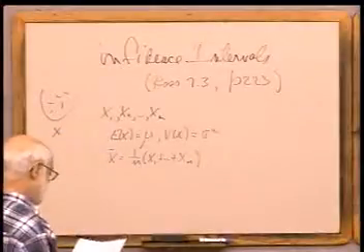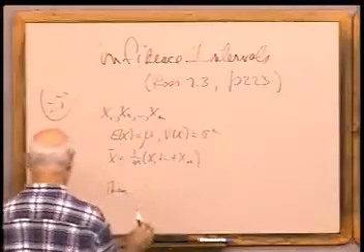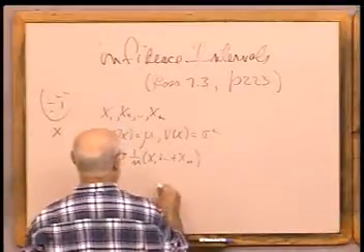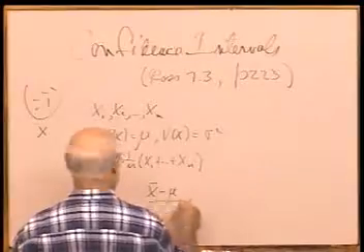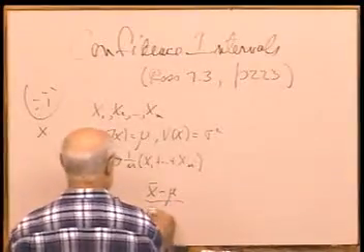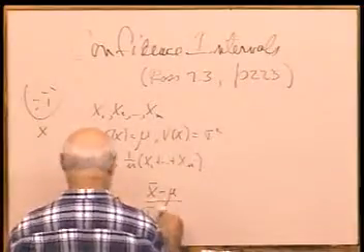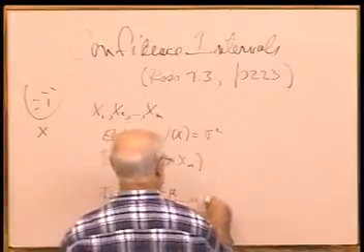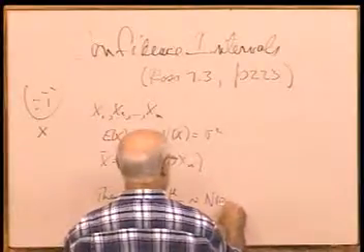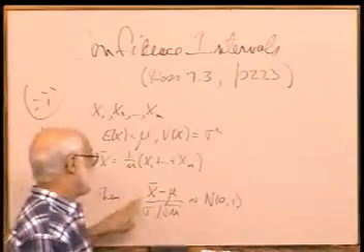And what we know then, for all practical purposes, is that if we take this new statistic, which is the average minus the expected value, divided by the standard deviation, which is the square root of the variance, divided by the square root of the sample size, that thing is essentially normally distributed with parameters 0 and 1, the standard normal distribution.